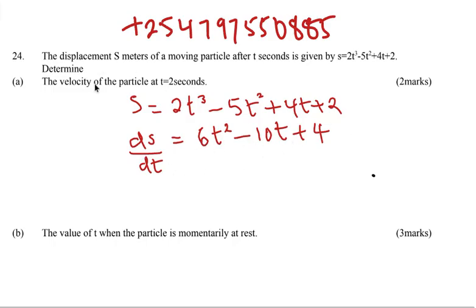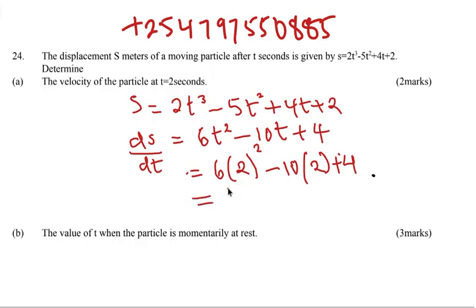So umeuliza tafuta velocity at t equal to 2 seconds. So where there is t, utaweka 2. So hapo t iko squared, so 6 times 2 squared minus 10 times 2 plus 4.